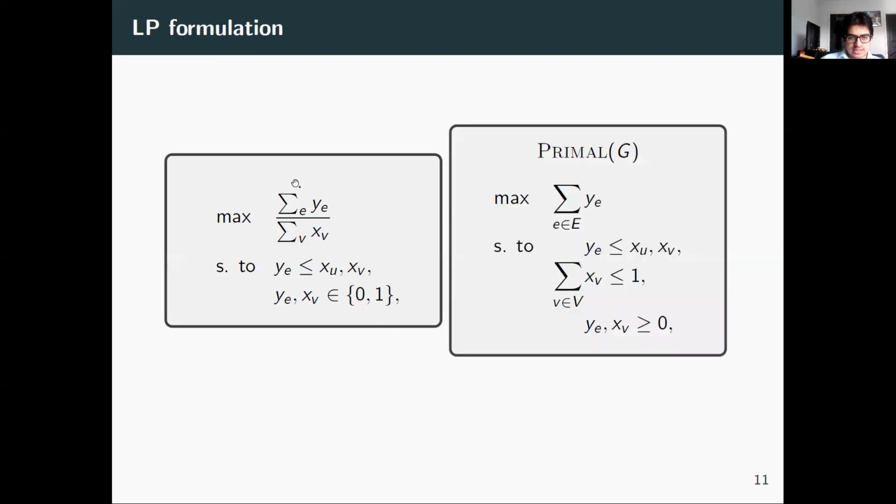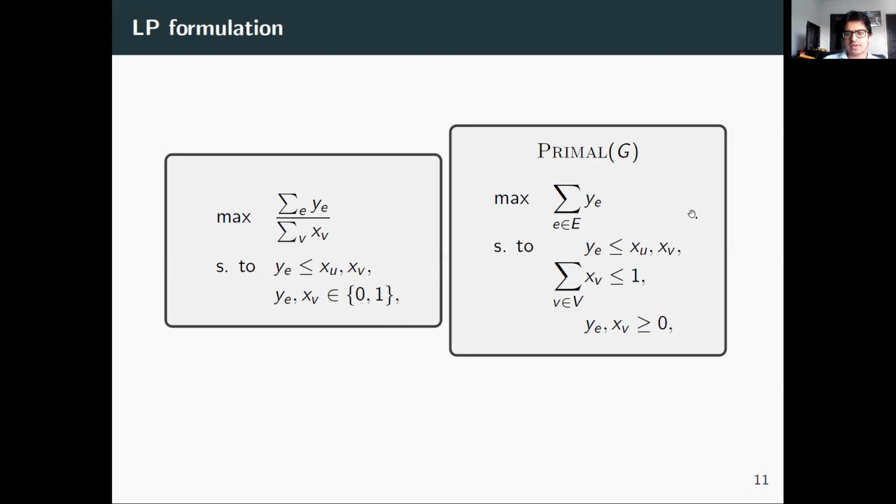So clearly this initial formulation is not a linear program, so we use a linear program relaxation. We allow these variables to be any real numbers, and this denominator, we normalize it by allowing it to be at most 1.